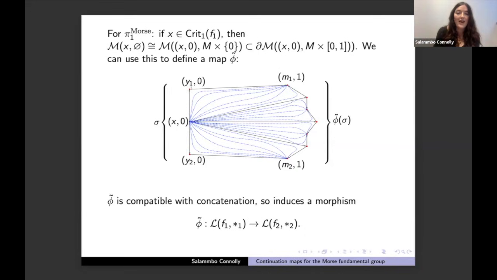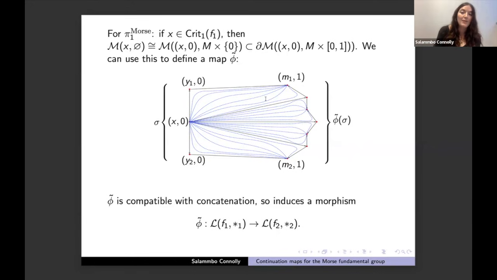This side of the half disk is going to be the unstable manifolds of your critical points, and over here you actually get a concatenation of more steps. You can use this to define a map: to the step over here, which say goes from y2 to y1, you assign the concatenation of steps that goes from m2 to m1.